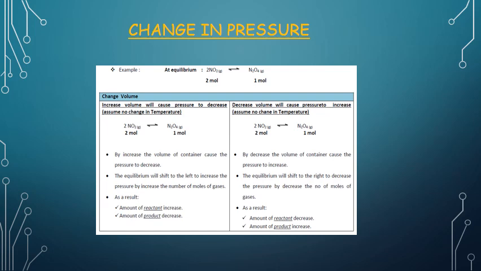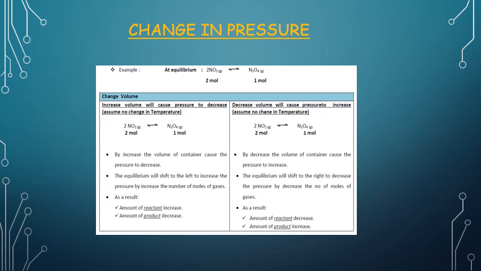So, what happens when we increase the volume? When we increase the volume of the container, it will cause the pressure inside the container to decrease. Hence, the equilibrium will shift to the left to increase the pressure by increasing the number of moles of gases.